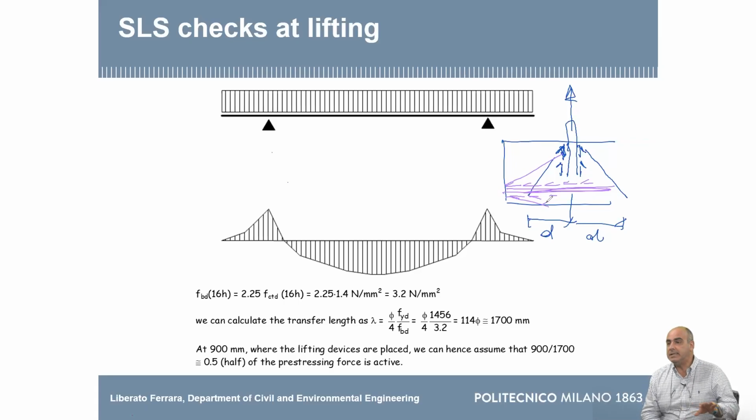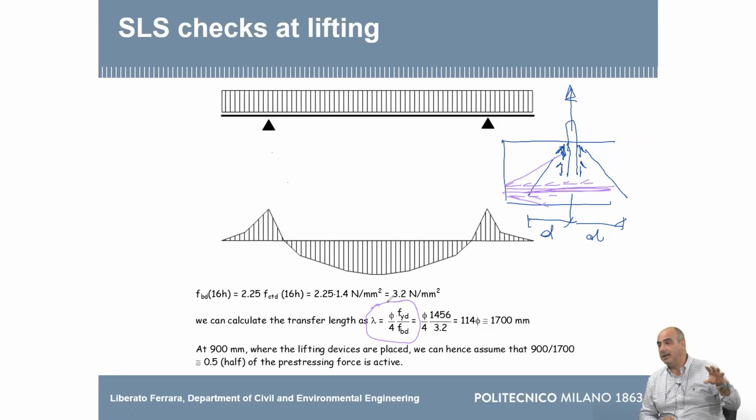It's based on a very simple model in which you calculate the equilibrium of the bar. If you go to the code, you find this formula, which comes from that equilibrium equation. It is proportional to the diameter of the bar divided by 4, and you have the design yielding strength of the steel divided by the bond strength.